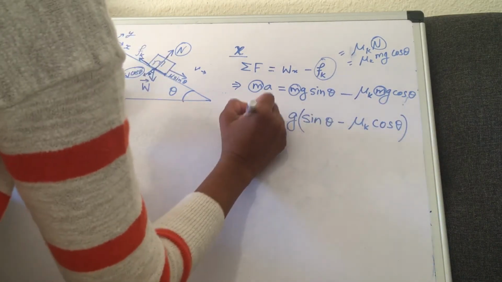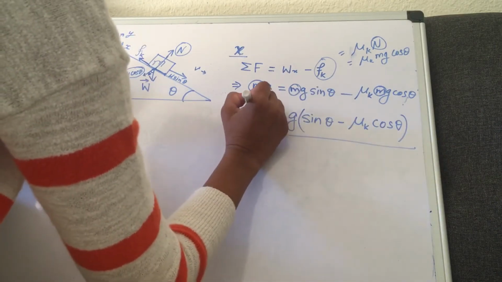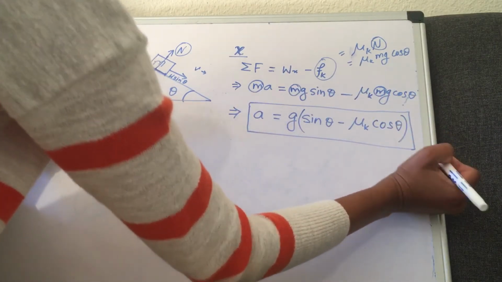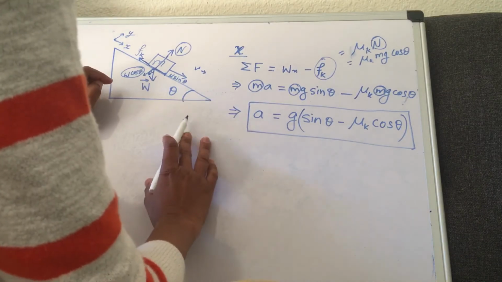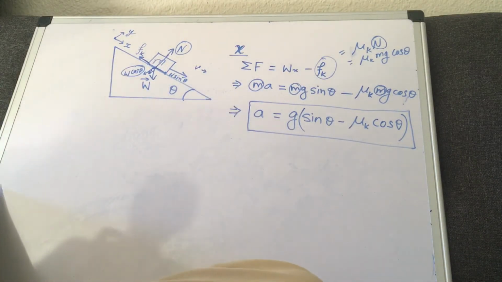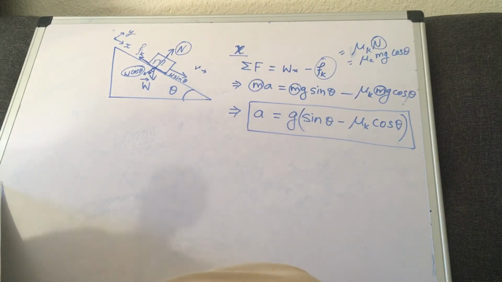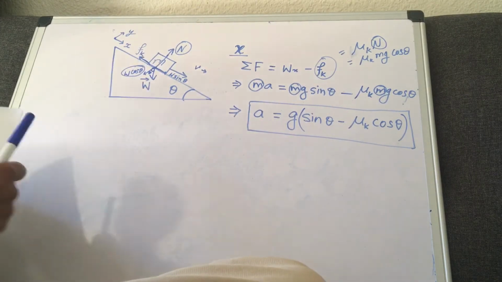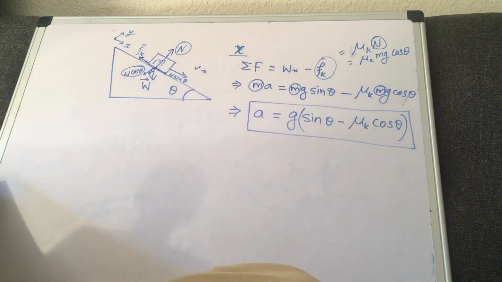Okay, so this is the acceleration of an object sliding downhill when there is friction between these two surfaces in contact. All right, so this is important.